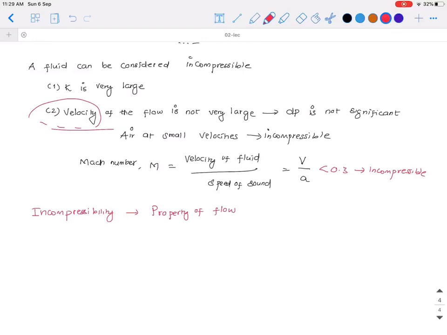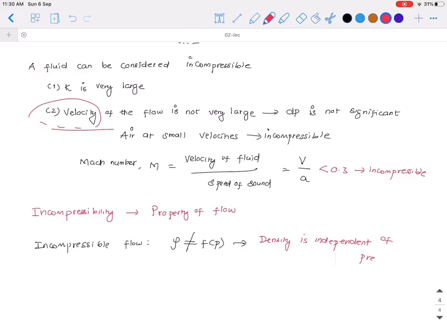An incompressible flow is one in which density is not a function of pressure. Density is independent of pressure.